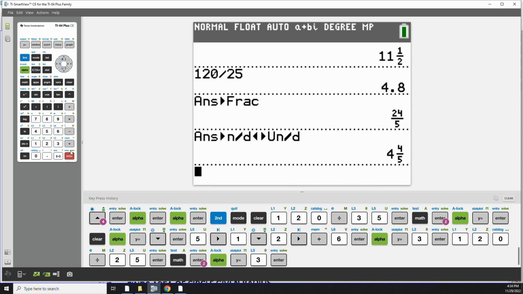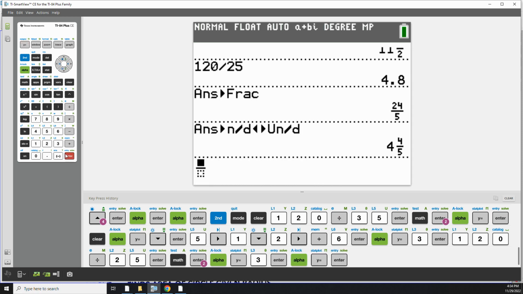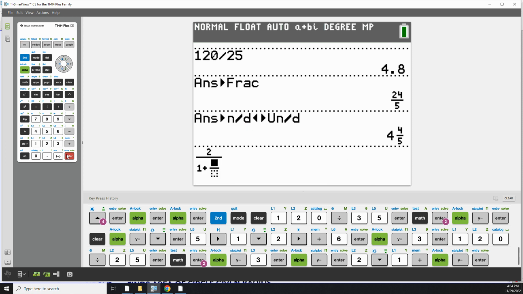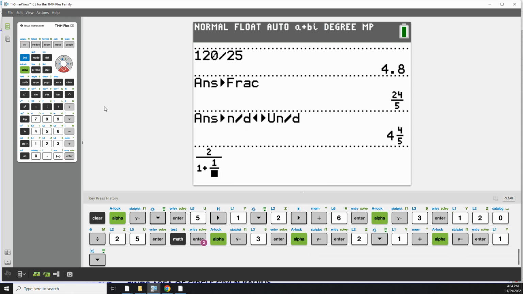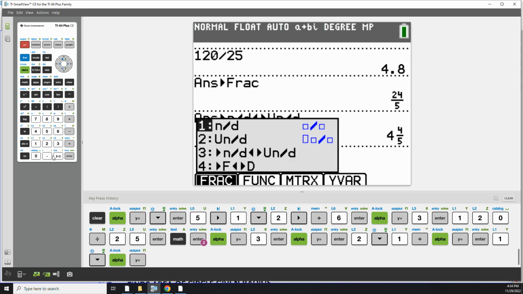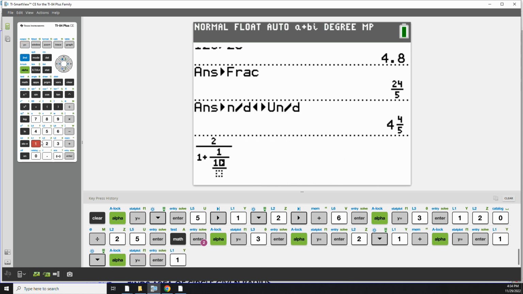One more thing about fracka. It can put frackas in frackas. I have done this problem on the ACT. What's 2 over 1 plus new fraction? One over new fraction. 1 over 1 plus new fraction, 1/2.